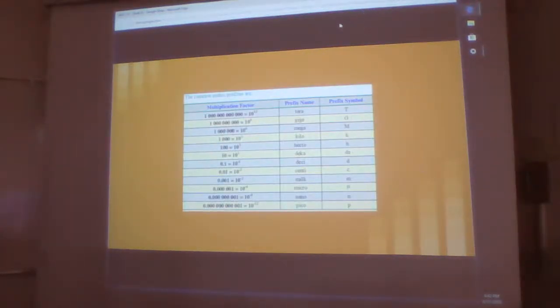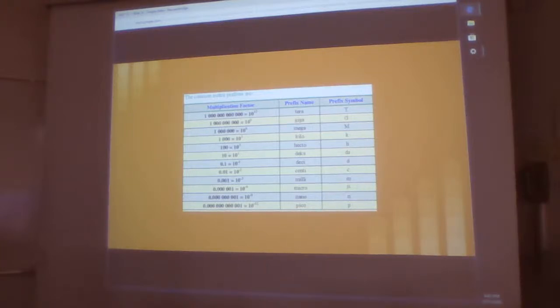Here is a larger metric prefixes table. We have milli, which written in scientific notation or multiplication factor is 10 to the negative third power. Here we have micro, same thing, negative 6th power, because micro means 1 over 1 million, one millionth. And we go all the way down to pico, 10 to the negative 12 power, all the way through tera, 10 to the positive 12 power. These are the different symbols for those.